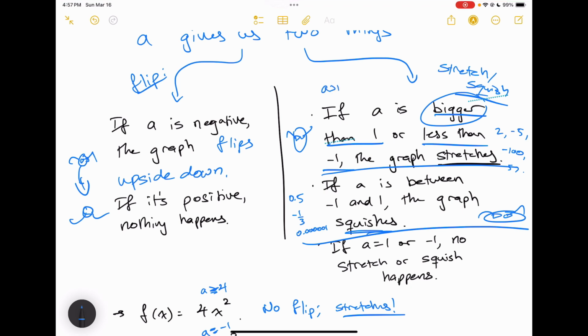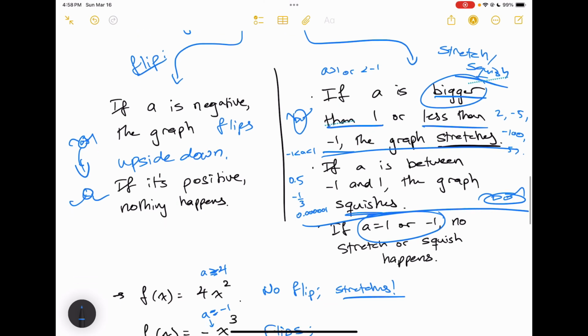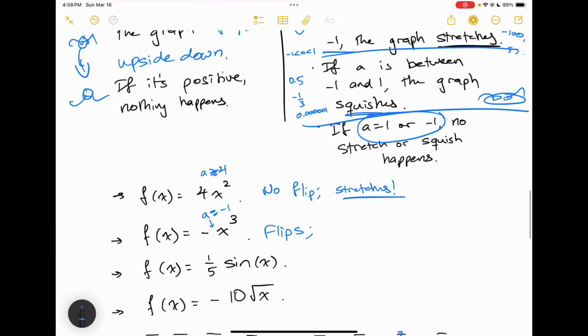Whether a is bigger than 1 or less than -1? Is it the case where a is between -1 and 1? Or is it where a equals 1 or -1? You guessed it, it's when a is 1 or -1. So here, there's no stretch or squish. Dotson is just normal. He just got flipped flat on his face.